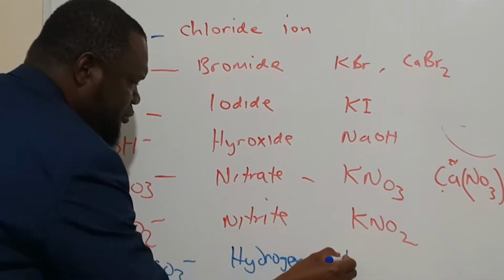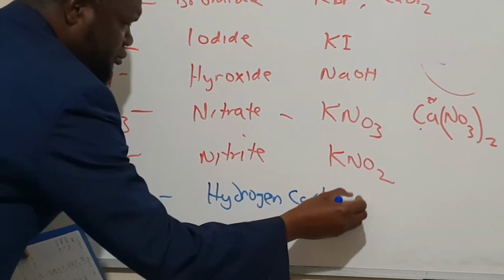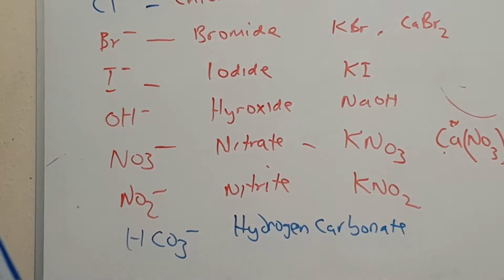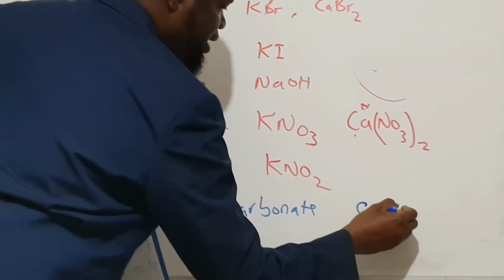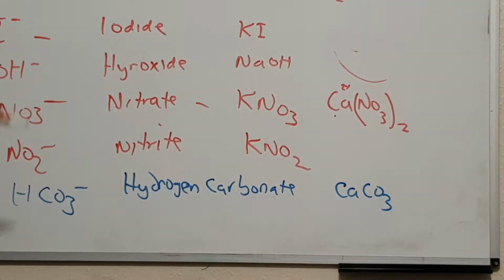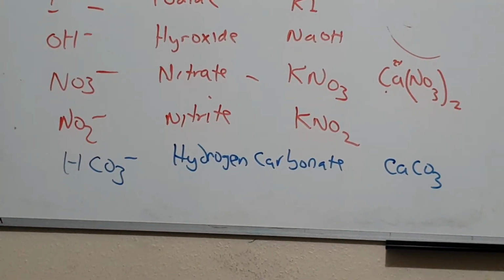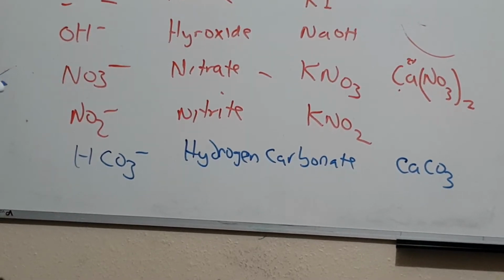An example of a carbonate compound is calcium carbonate. This is chalk. The chalk we used to write on the blackboard is calcium carbonate.